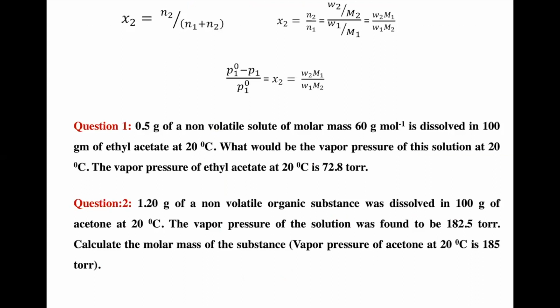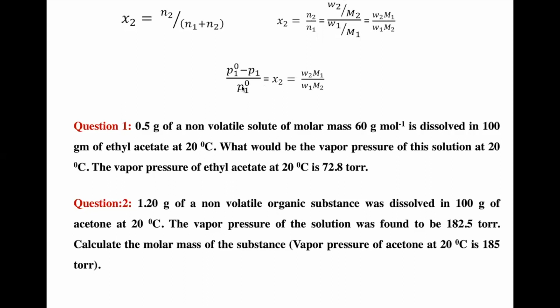So you get X2 is equal to n2 by n1, or you can write X2 is equal to W2 upon M2 divided by W1 upon M1, because the number of moles is the ratio of the weight to the molecular mass. So you can write X2 is equal to W2 M1 upon W1 M2, right?